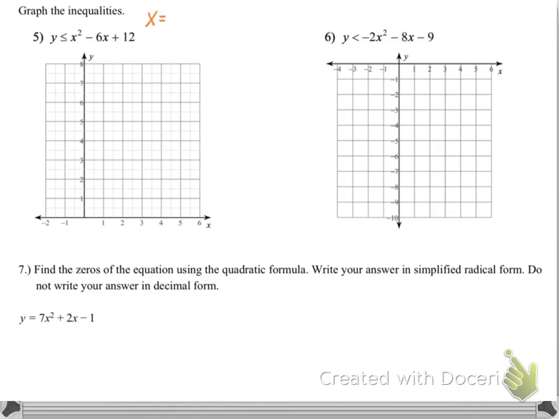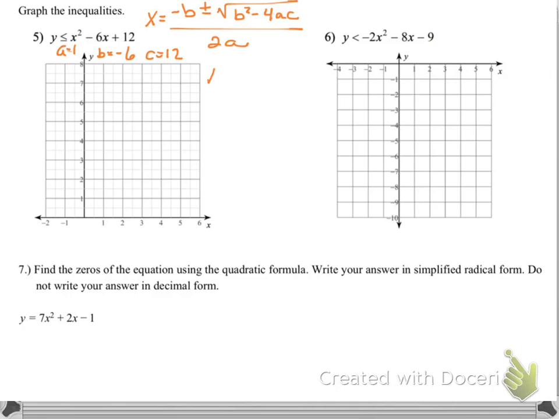X equals negative b plus or minus the square root of b squared minus 4ac all over 2a. I'm seeing my a is 1, my b is negative 6, and my c is 12.